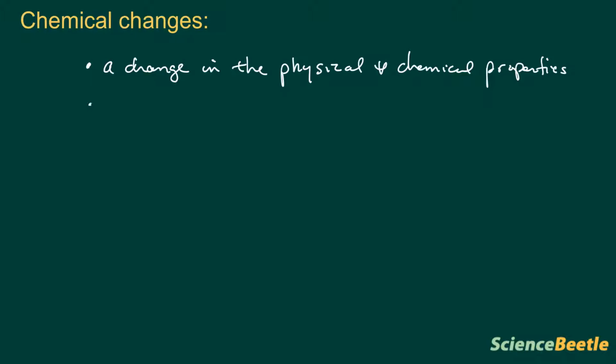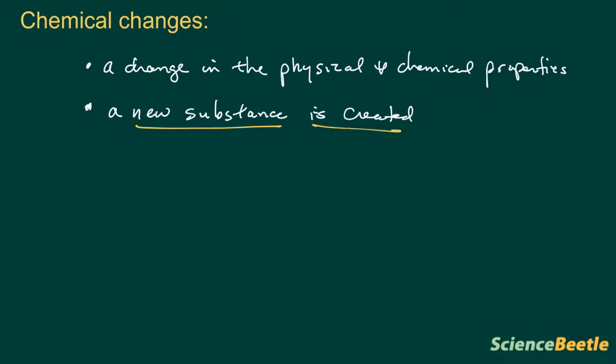In other words, when a change in the physical and the chemical properties has occurred, you wind up with a new substance. And this is what is created as a result of this physical and chemical property change or changes that are occurring there. There is definitely a new substance created here. So the identity of the original substance is no longer the same.